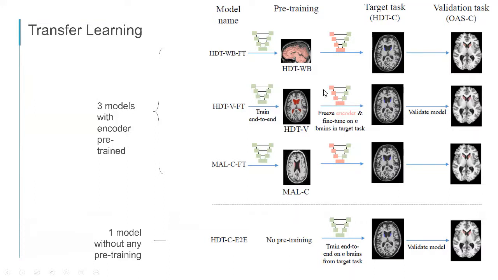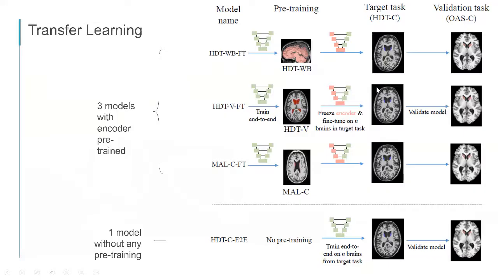We then freeze the left-hand side of the model, so these weights can no longer change. We then apply the same model in a new training process where we only train the last layers of the network, and we apply it to a subset of our target data set, the manual segmentations of the caudate.